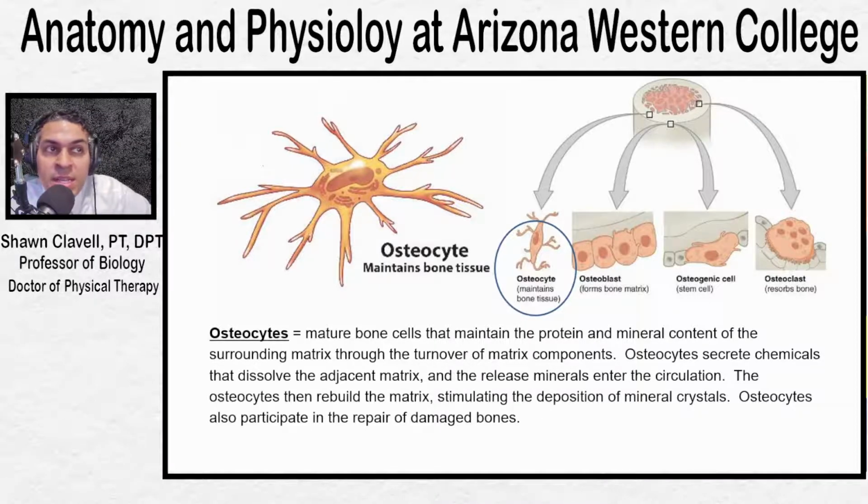These osteocytes can also rebuild the matrix, stimulating the deposition of mineral crystals. So they really maintain homeostasis rather than being primarily anabolic or catabolic. It's more of a maintained homeostatic balance. They can also participate in the repair of damaged bones as well.